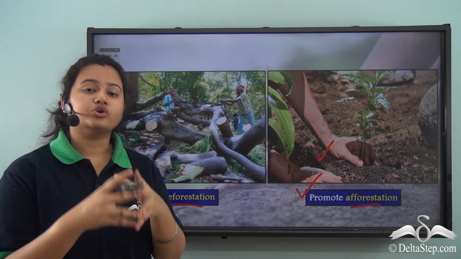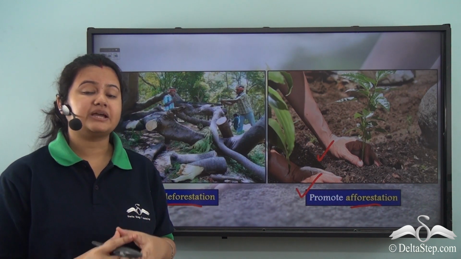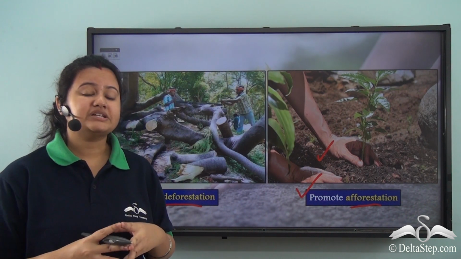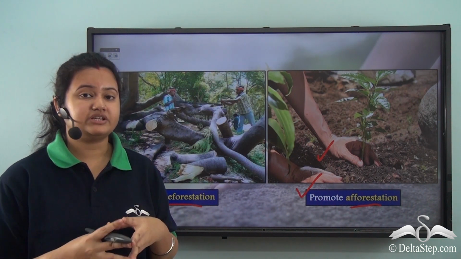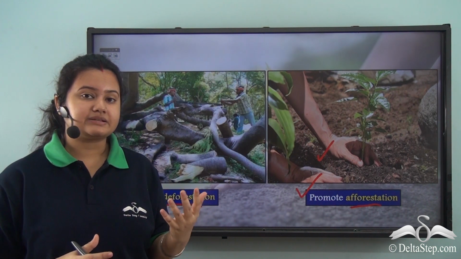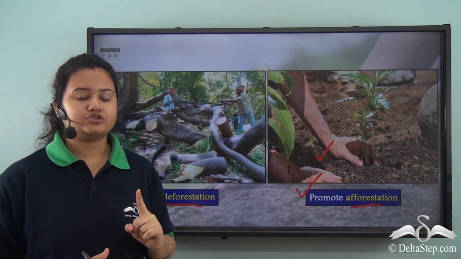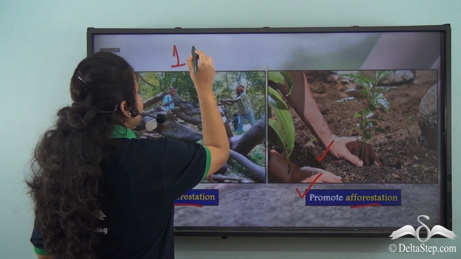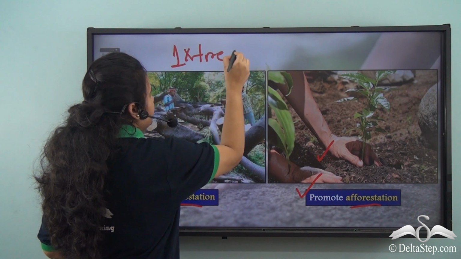However, due to growing population and need for urbanization, sometimes deforestation becomes unavoidable. That is, sometimes we cannot resist cutting down trees due to growing needs. So what can we do? Well, we can apply one trick.